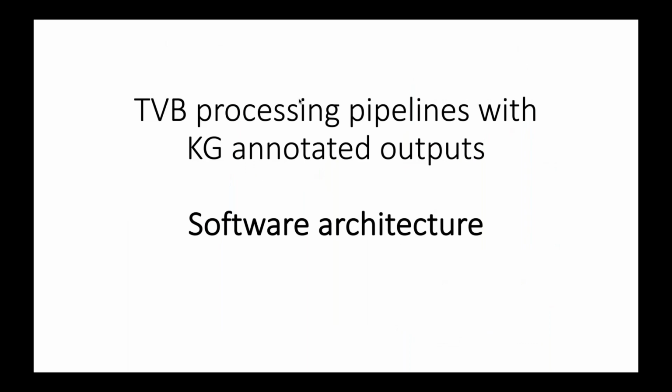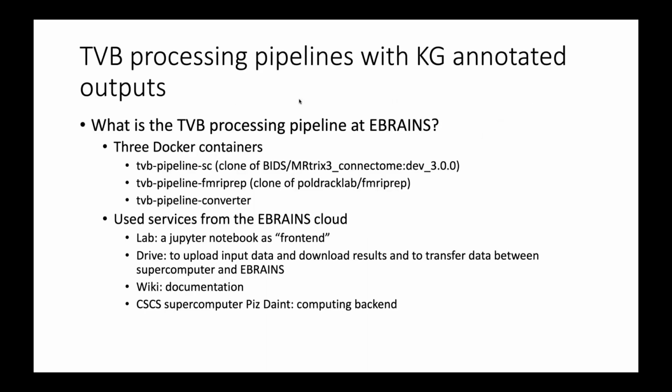What is the architecture of this pipeline? So the TVB processing pipeline at eBrains is basically a workflow of 3 Docker containers that are run one after the other. The first one is called TVB Pipeline SC, which is basically a clone of the BITS app and Matrix 3 connectome, which does the structural processing.